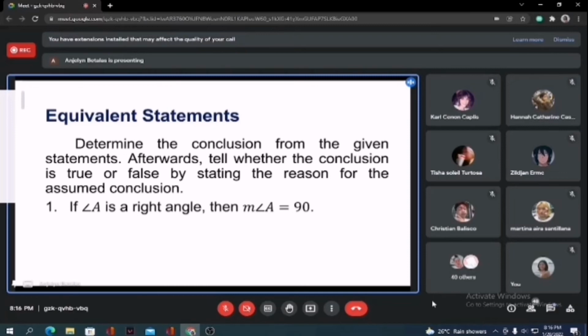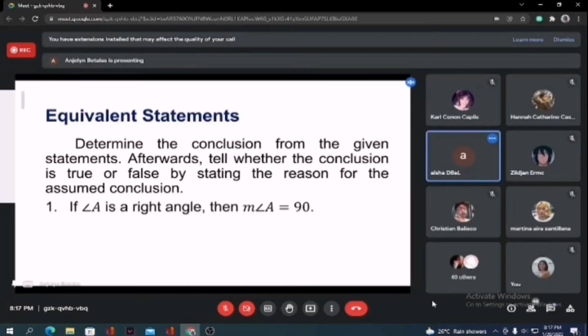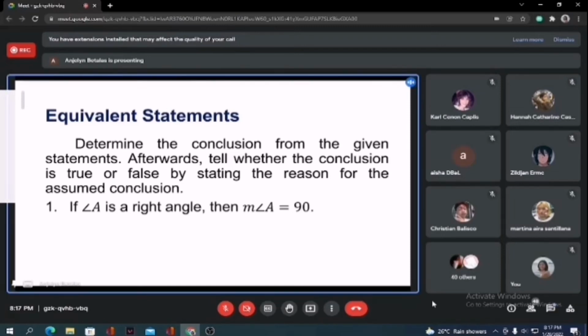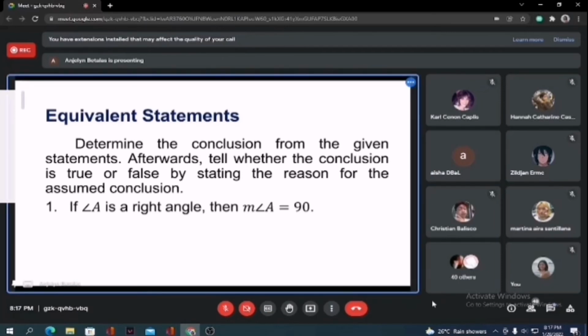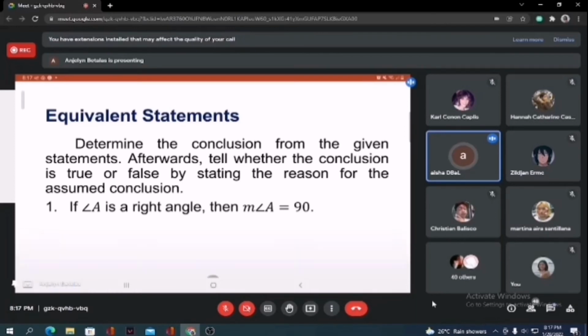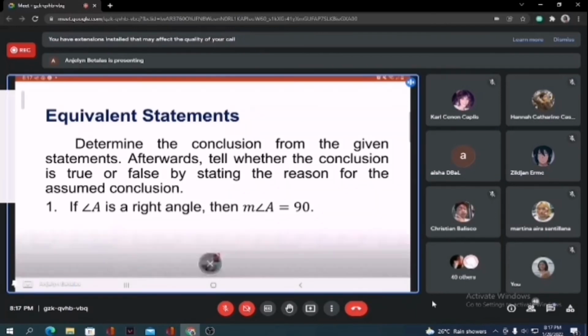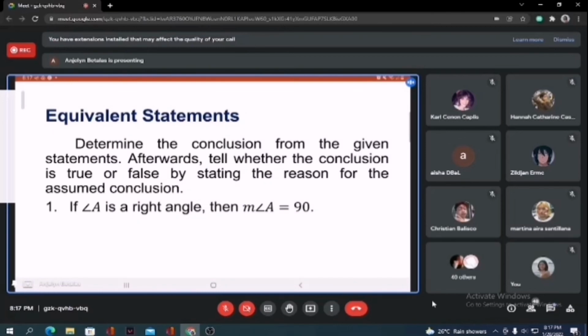What is the equivalent of the conditional?